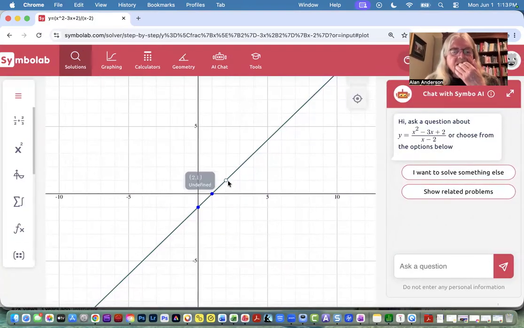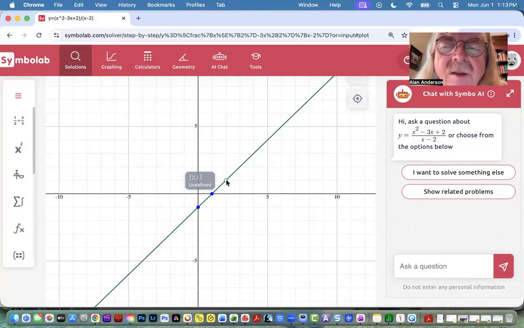So yeah, this is what they're getting at. You see right here, this is the point 1 comma 2. Which means that the limit as we approach from the left and the right is equal to 2 because they're both equal to each other. In other words, you can see they're both heading to the same point. There's no discontinuities except for that gap. In other words, the curve itself doesn't break apart.